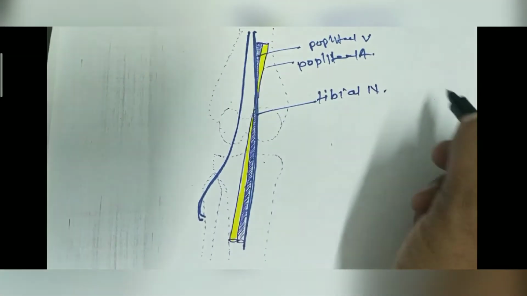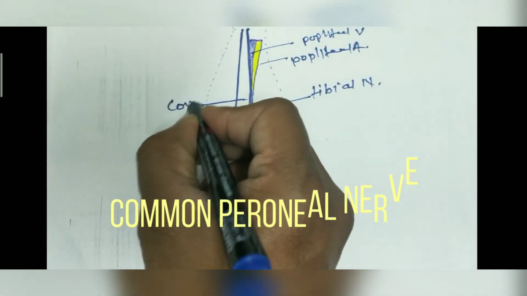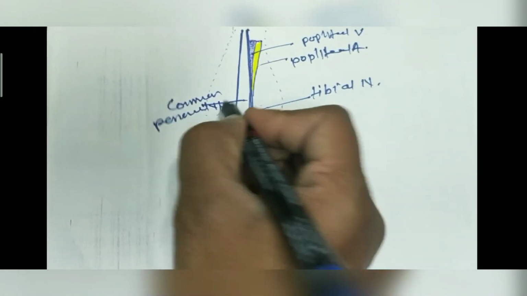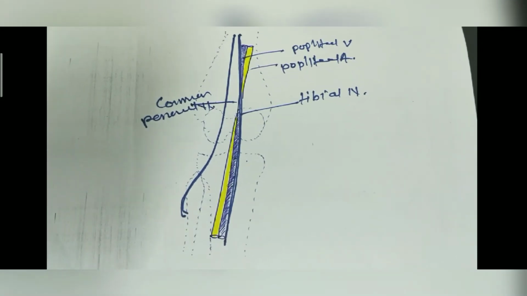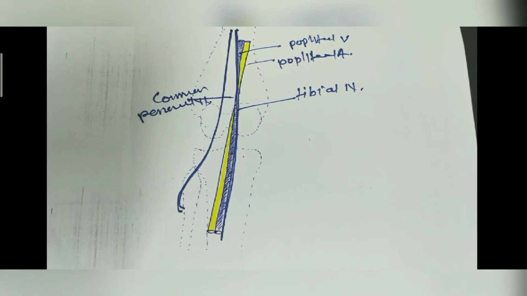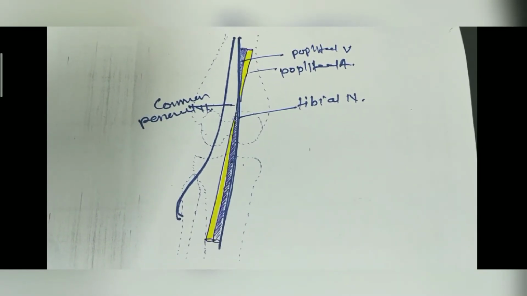One more nerve is the common peroneal nerve. It also contains fat, genicular branches, and the posterior cutaneous nerve of thigh, which are the contents of the popliteal fossa.